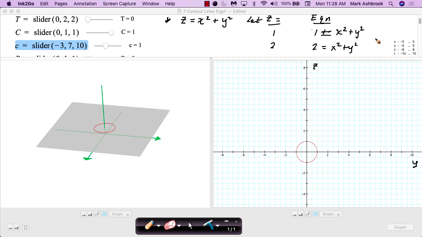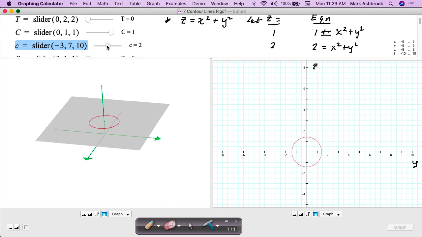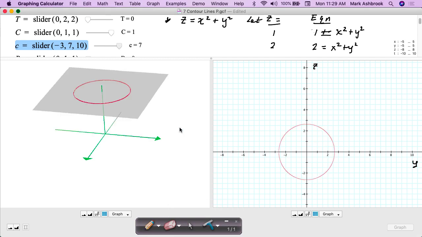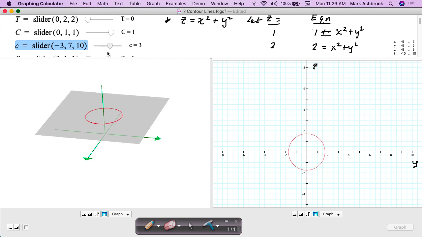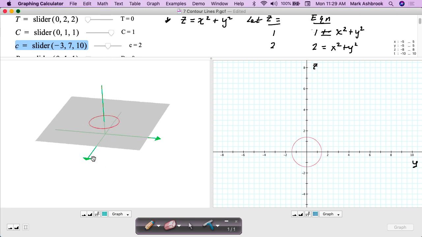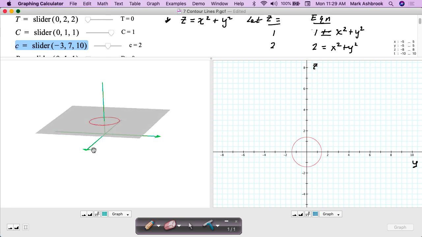So it's going to be up in z equals 2, and it's going to be a little bit bigger than this one, right? 1.4 or something like that. So that looks like this. So this is in the z equals 2 plane. Radius root 2, or 1.4, whatever.